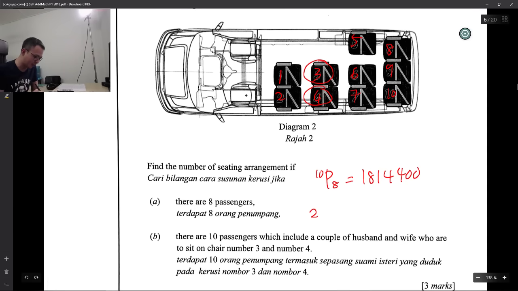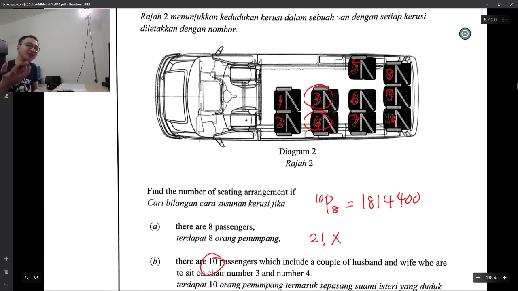So it will be 2 factorial for the husband and wife who can swap places. And because you have 10 passengers, after you take out the husband and wife, you have another 8 passengers. The 8 passengers swap places among the 8 seats. So it's 8 factorial. So it's 2 factorial times 8 factorial. You should get the value 80,640.